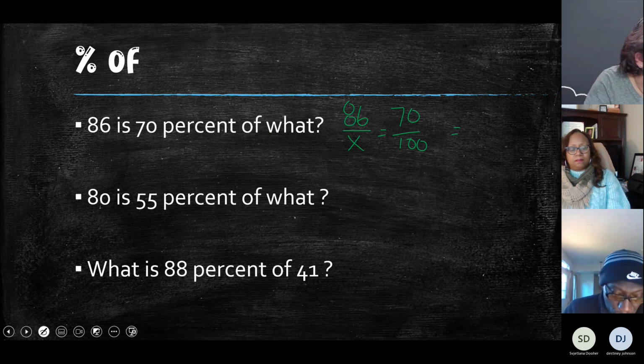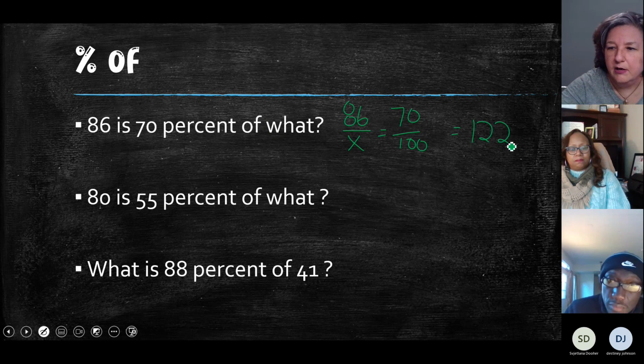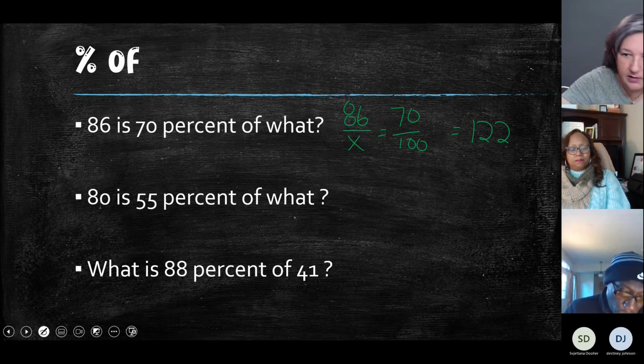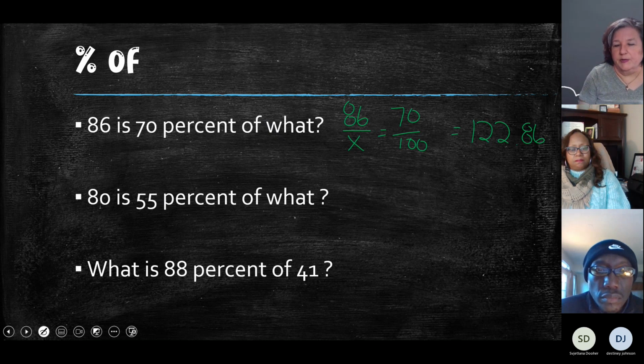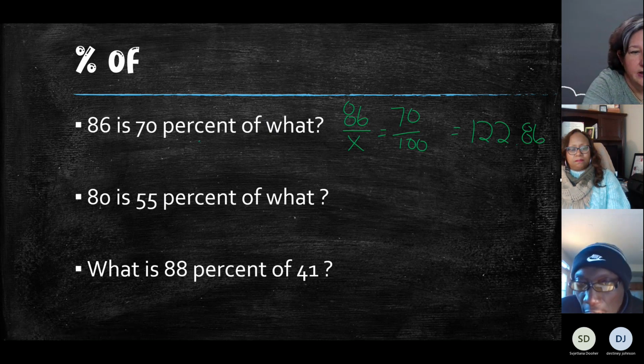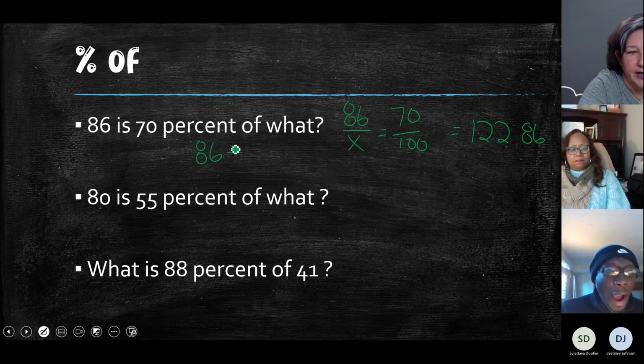Oh, that's a horrible number. You can do that a couple of different ways. You can do it like this, or you can divide 86 divided by 0.7.